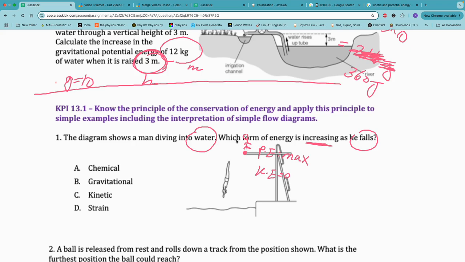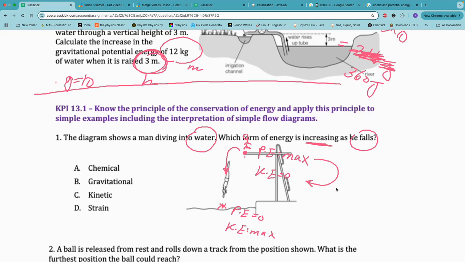Once the man started to dive, due to the height, potential energy changes to kinetic energy. So before reaching the water level here, potential energy is going to be equal to 0 since height decreased, while kinetic energy is going to be maximum.